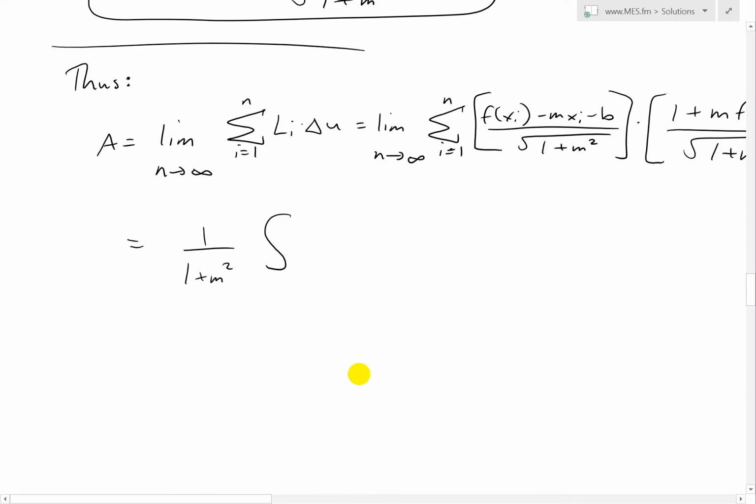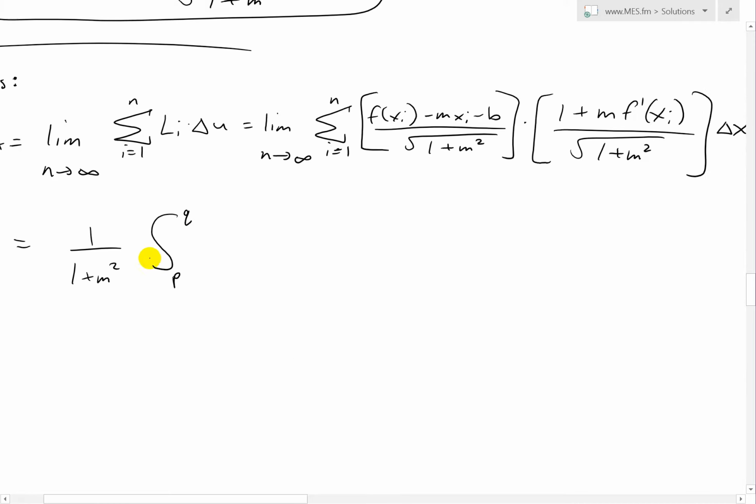So we plug that in. This is the integral from p to q, and here we've taken that out. So we have f of xi minus m xi minus b times 1 plus m f prime of xi. Actually, no, there's no xi anymore. The summation index is any number, any point. When you're dealing with infinitely small intervals, this is just x.